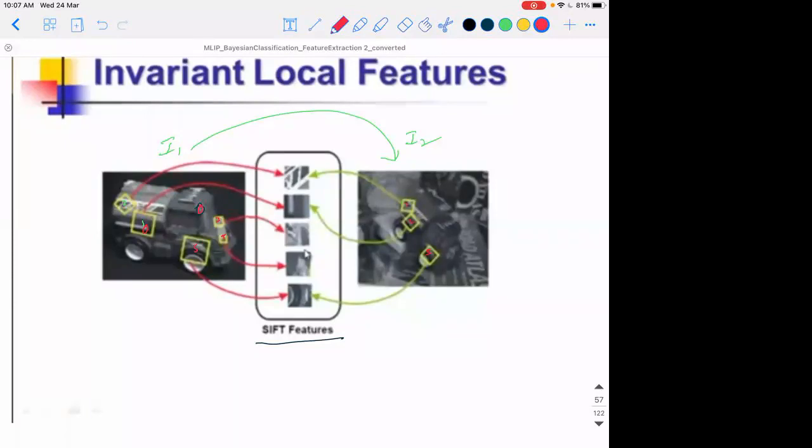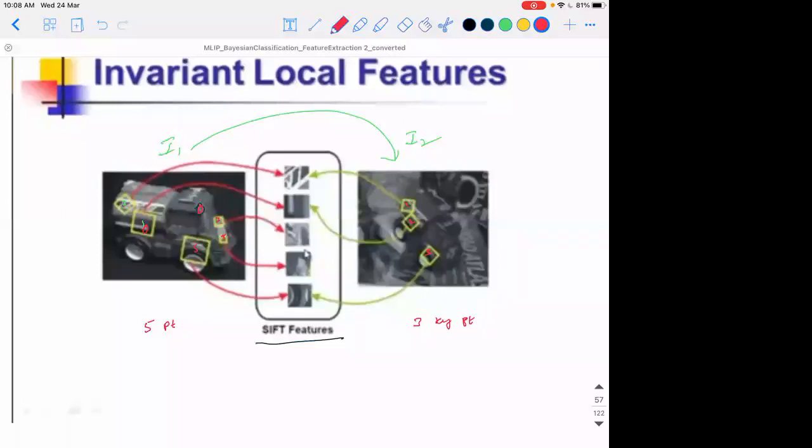Now I have 5 key point locations here and 3 key points here. It's likely that among these 5, 3 of them match these 3 points, or 2 of them may match, or even none of them may match.